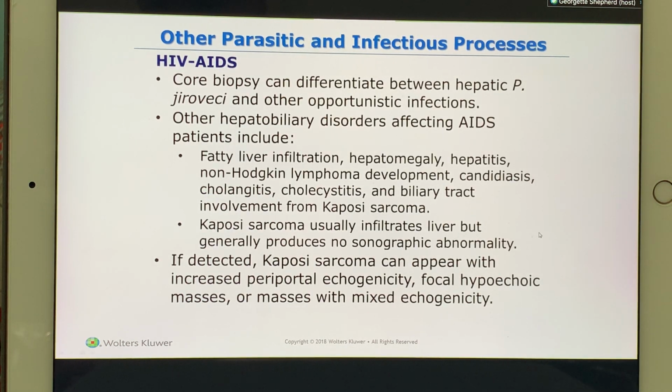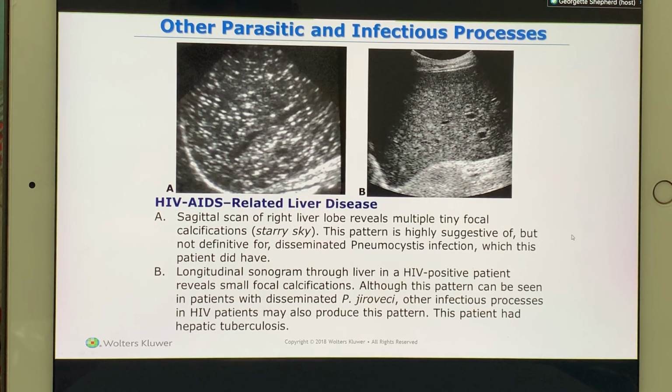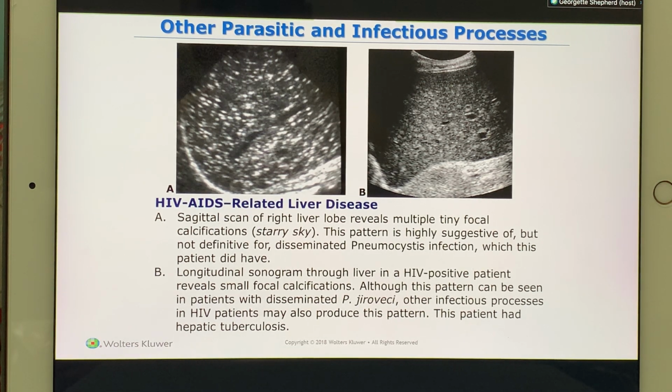So here is a picture of an AIDS patient, and you can see that they have a starry sky. And here you can see a patient with full-blown AIDS, and then this is HIV. You have to be HIV positive before you go into AIDS.